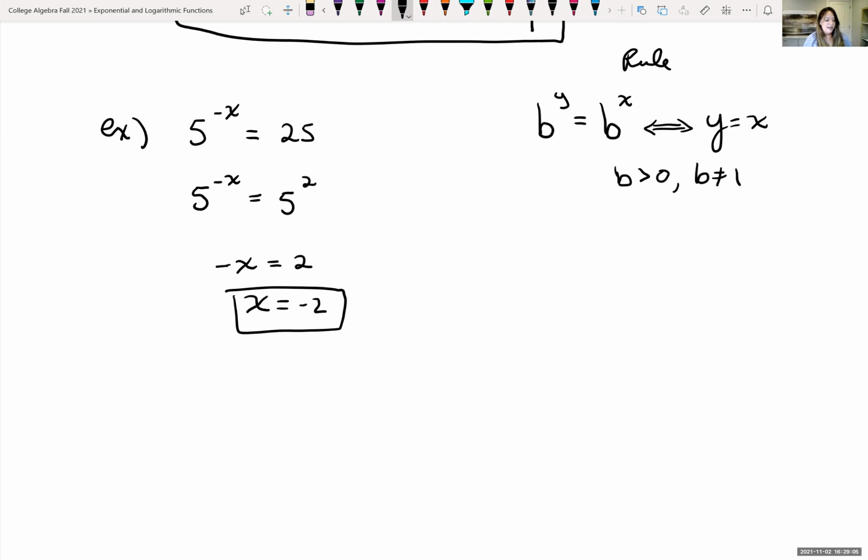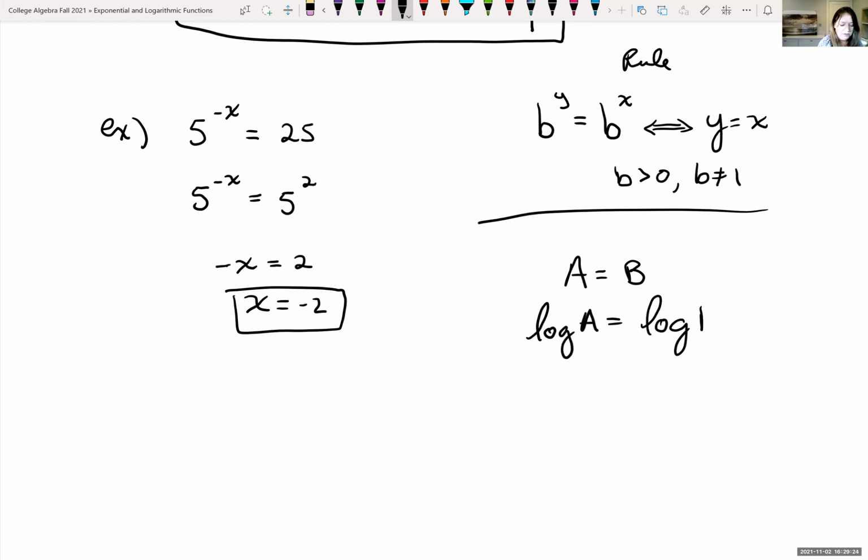Okay, so it's not always the case that we can manipulate those bases to be the same. And if we cannot, we're going to use our rules of logs. We're going to use the fact that if we have two things equal to each other, we can take the log of both sides and they're still going to be equal, as long as what we're taking the log of is positive.